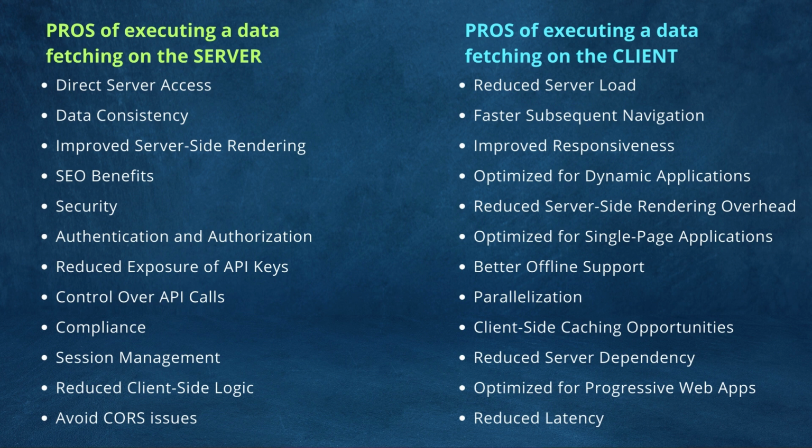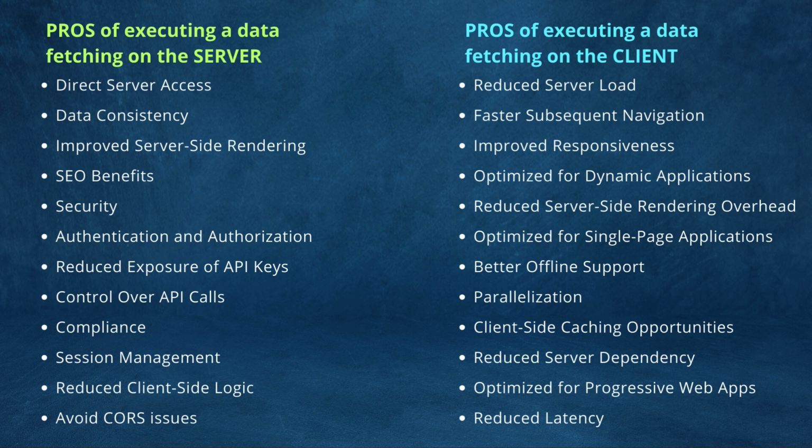Authentication and authorization: server-side execution allows for a more robust implementation of authentication and authorization mechanisms, reducing the risk of unauthorized access. We have to consider also the reduced exposure of API keys. For secure storage, API keys and other sensitive information can be securely stored on the server, reducing the risk of exposure compared to client-side storage.